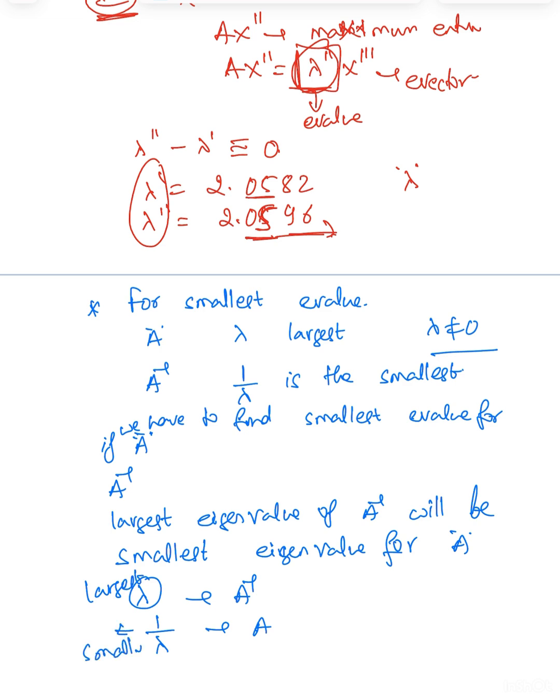This is how the same method can be applied to find the smallest eigenvalue as well as the largest.